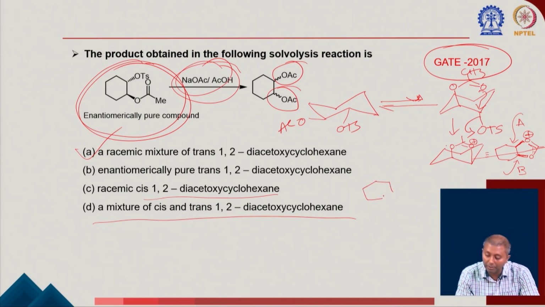Let's try to draw them. If this is the A, then what is happening, there is SN2 happening, correct? So in both cases you are seeing SN2.